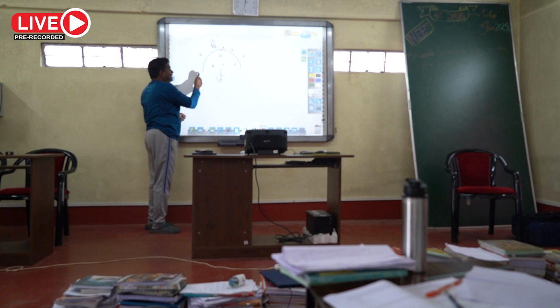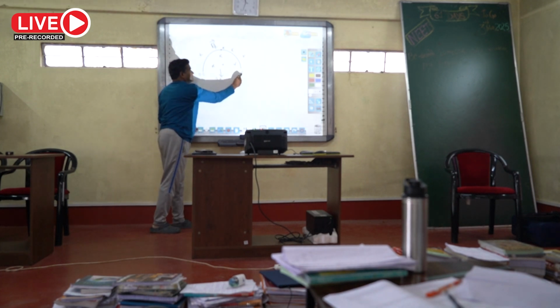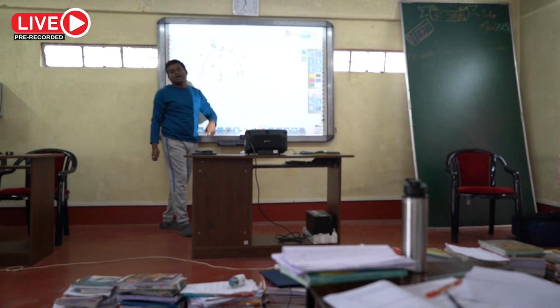So electrons will accumulate near this region, and positive charges will accumulate on the other side. So this side is at higher potential, so R is at higher potential.